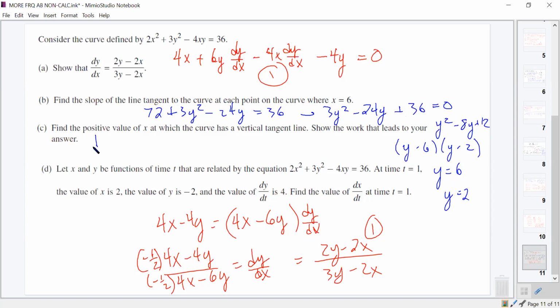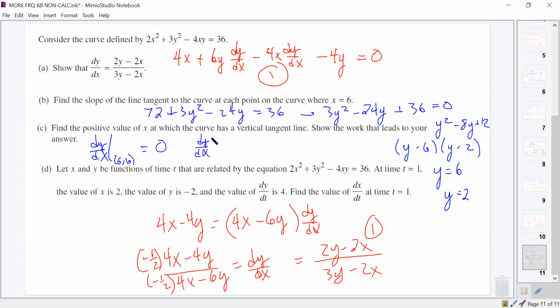So we'll plug in dy dx at 6, 6. If I plug in 6 for x and 6 for y, what's the numerator going to be? Looks like 0. And the denominator is not 0, so that's 0.